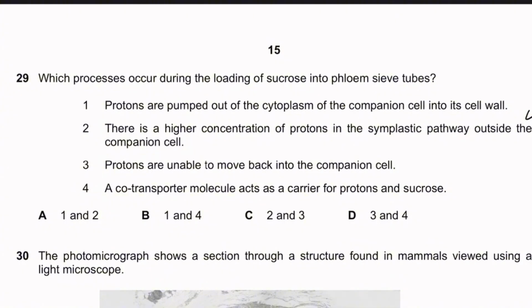It's not really in the symplastic pathway, rather the apoplastic pathway, because it's in the cell wall. So I would not say so. However, let's see 3. Protons are unable to move back into the companion cell. Again, that's wrong. Protons do move back by facilitated diffusion through cotransporter proteins. A cotransporter molecule acts as a carrier protein for protons and sucrose, exactly. So I would say it's 1 and 4 only.